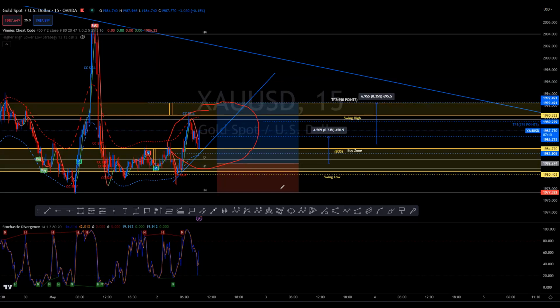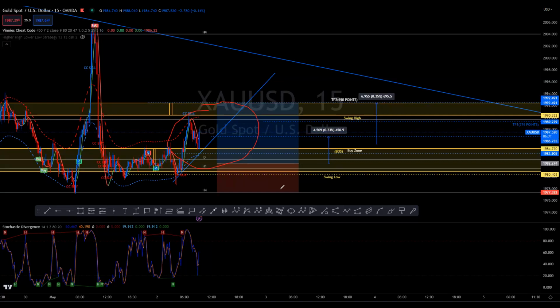Brother's trying to go bullish, and watching his price action. But it's starting to pull back a little bit.